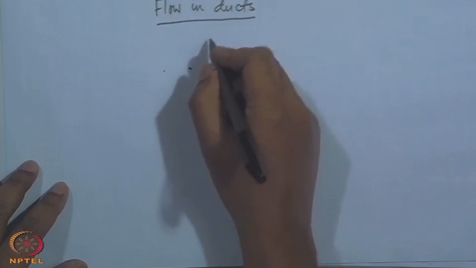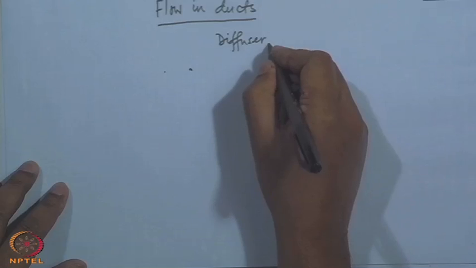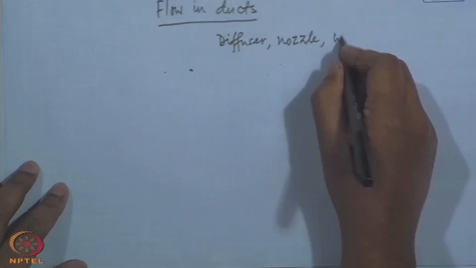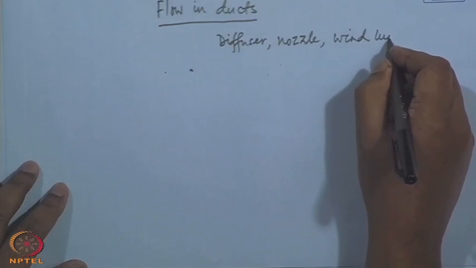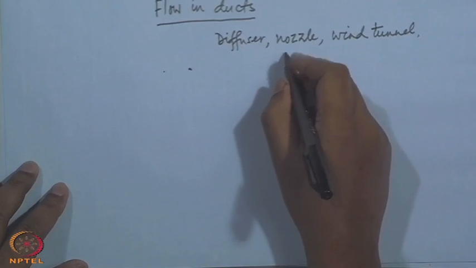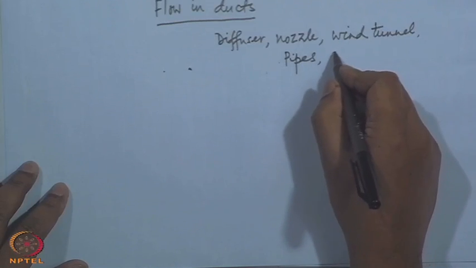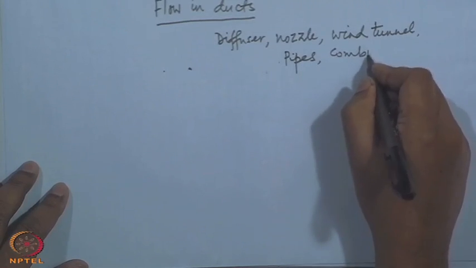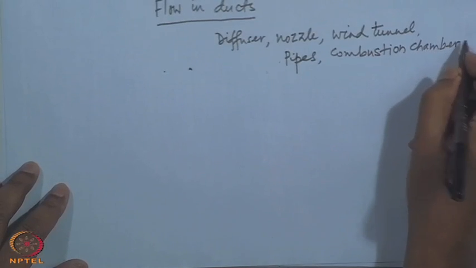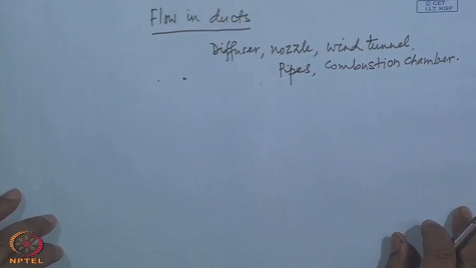So, there are example of these flows as diffuser, nozzle, wind tunnel, pipes, combustion chamber, and many other such situations where the flow can be approximated as flow through ducts or channels.